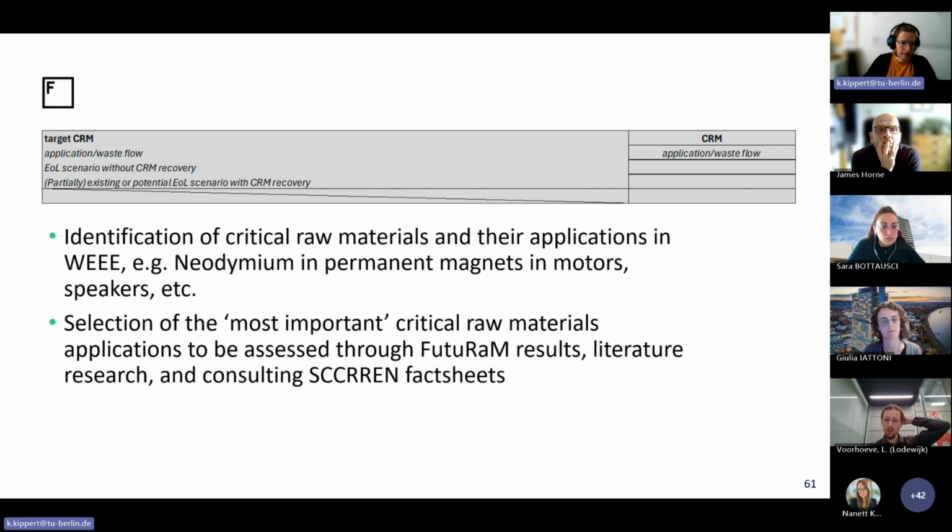We identified the critical raw materials and the applications, for example, what Giulia already mentioned, neodymium and permanent magnets in motors or speakers or some other components, and selected the, let's say, most important critical raw materials. Because there's a big amount of critical raw materials in all the waste streams and especially in WEEE, we decided on what is the most important.